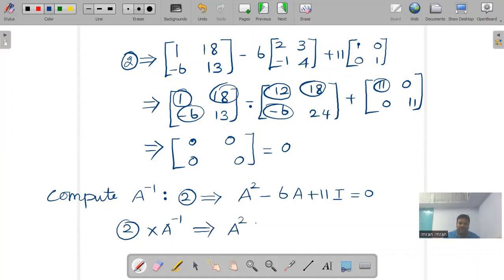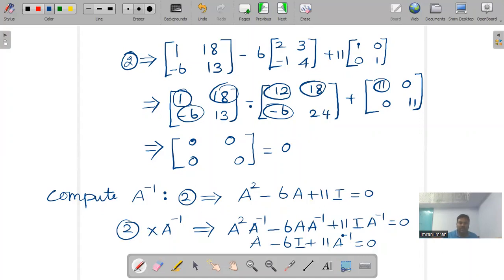So A square into A inverse minus 6A into A inverse plus 11I into A inverse is equal to 0. This equation becomes A minus 6I plus 11 A inverse. We have A inverse on the left hand side, so keep the A inverse on the left hand side, and all the other elements go to the right hand side.